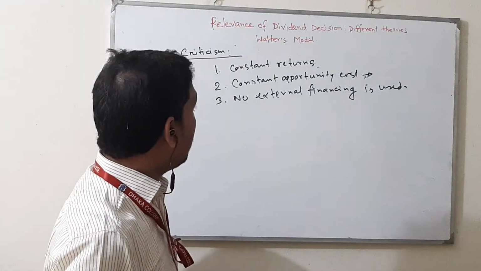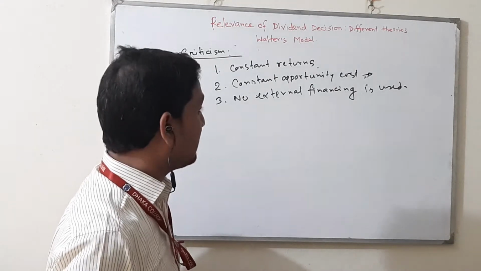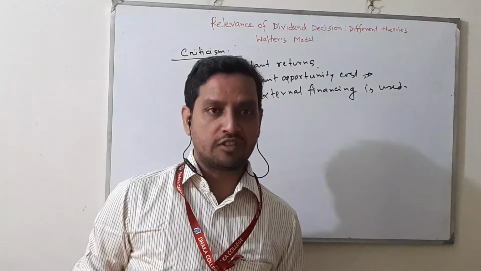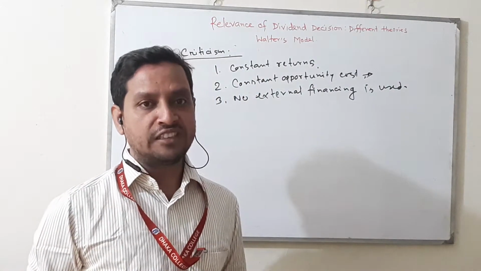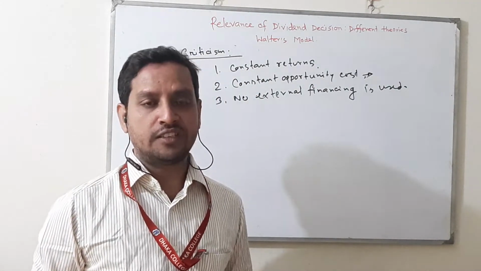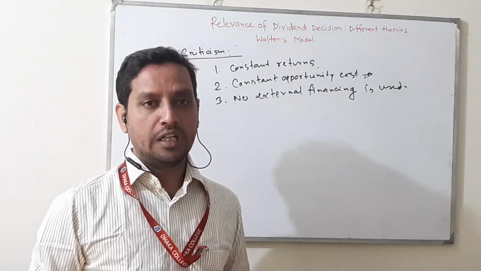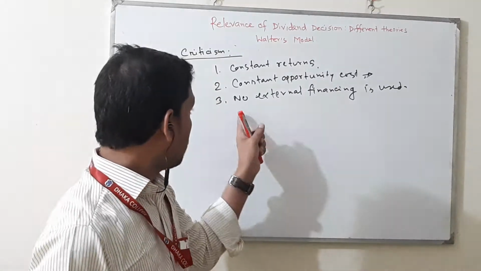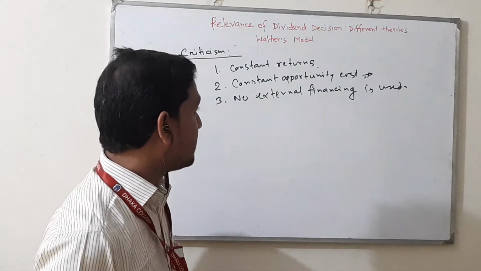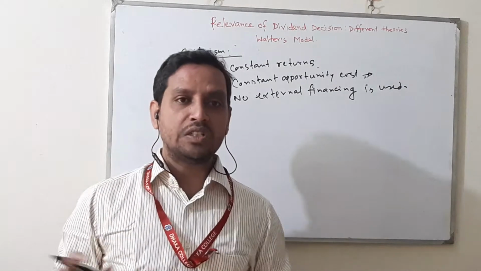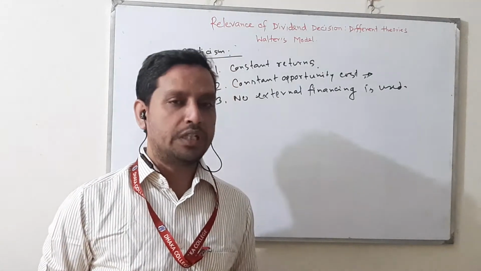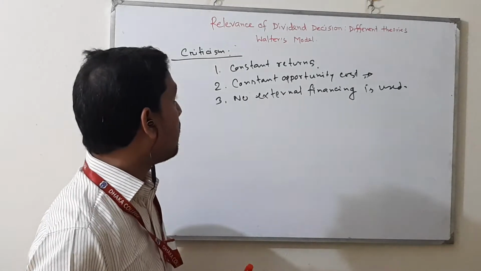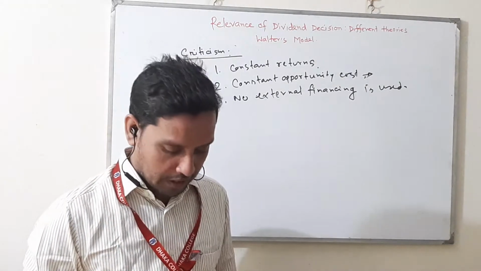Then no external financing is used. Already we learned in the assumptions that internal financing is used for financing. I mean dividend will be paid out or it will be retained. Right. So no external financing is used. I mean there is no debt or equity used. So it is the criticisms of Walter's model.